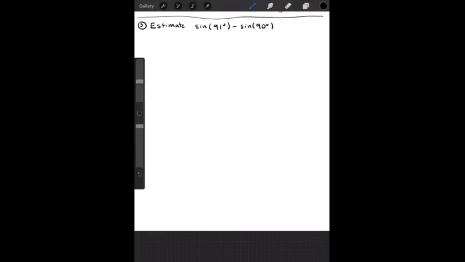Alrighty, so we have here that we want to estimate the difference between two things. And the trick with identifying these is, at least so far, we've only talked about so many different estimation methods. So if we're asked to estimate something, that's the first clue.